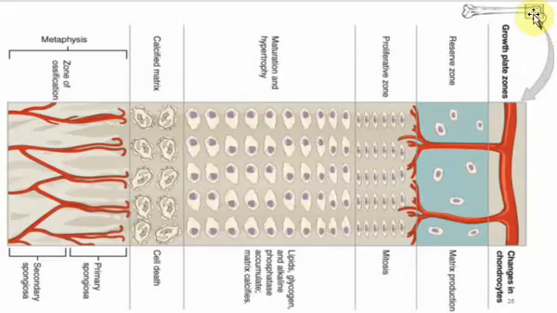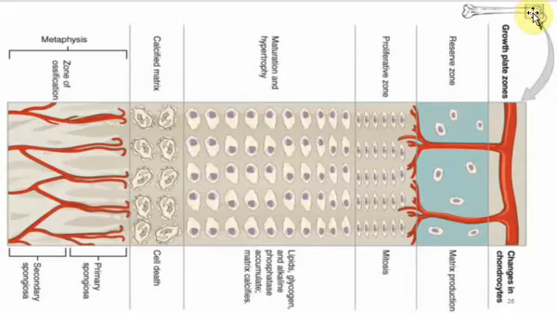Now, if you look keenly, this one here is a drawing of a long bone. At the far end, if you can see my cursor, we have the epiphysis. Then we have the middle part of the bone, the diaphysis. Between the diaphysis and the epiphysis, we have a region called the metaphysis.